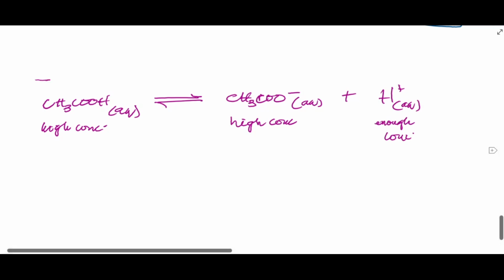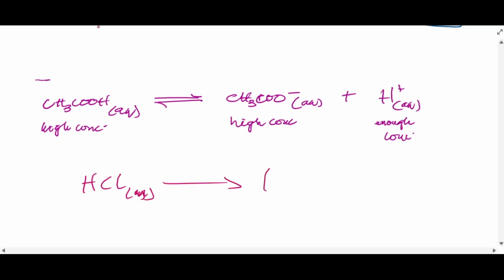Now, what will happen when we add an acid to this buffer solution? So remember, an acid will introduce hydrogen ion. For example, let me write the dissociation equation for hydrochloric acid. When it dissociates, it will give us hydrogen ion and a chloride ion.